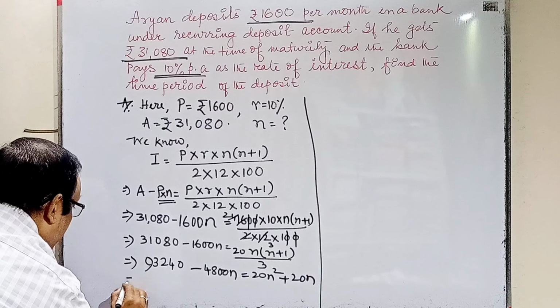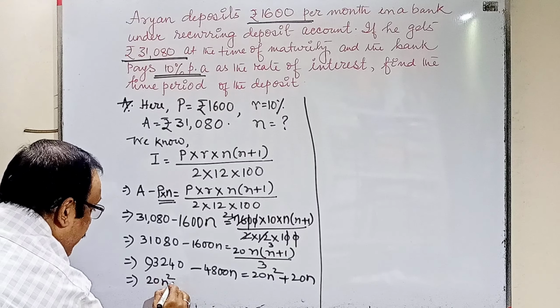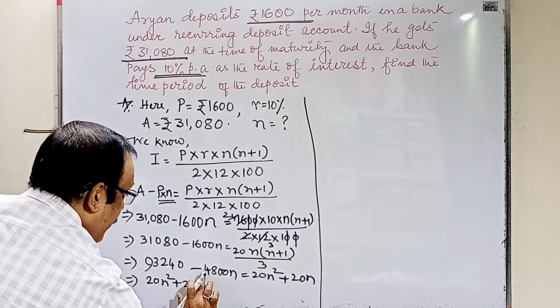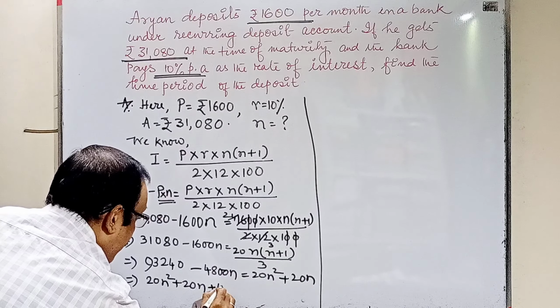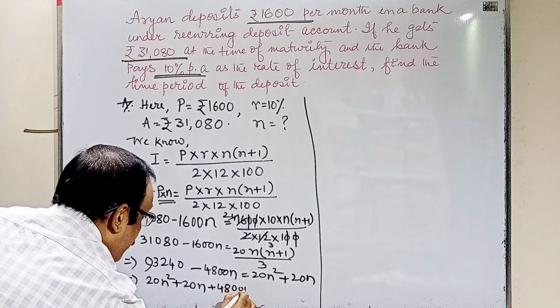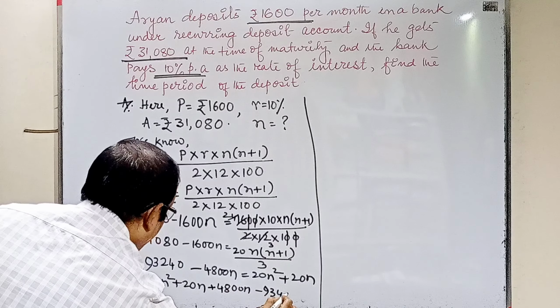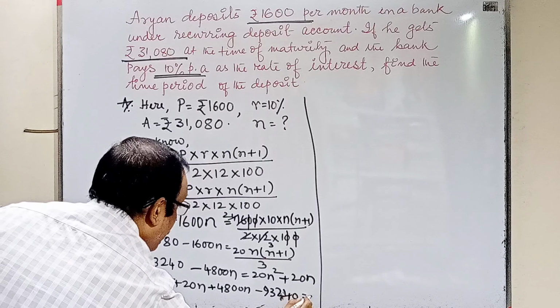So this equation will become 20N square plus 20N, and this will also go there, so it will become plus 4800n, and this will go minus 93,240 equal to 0.